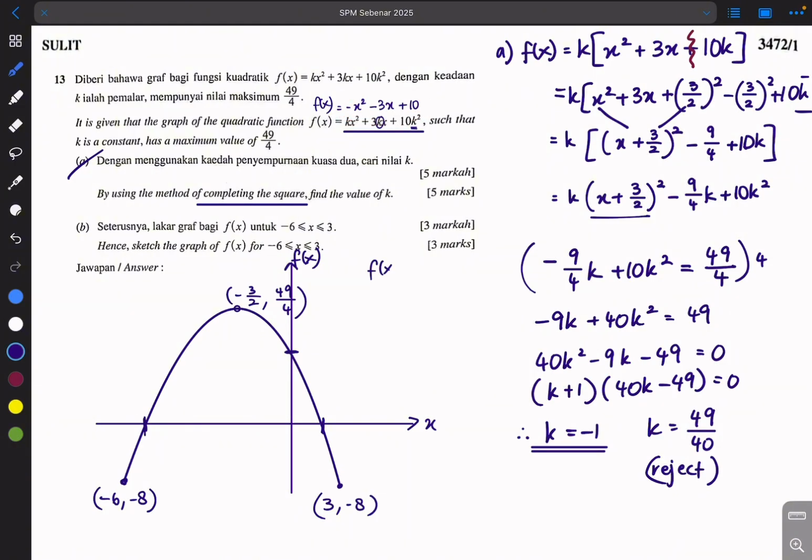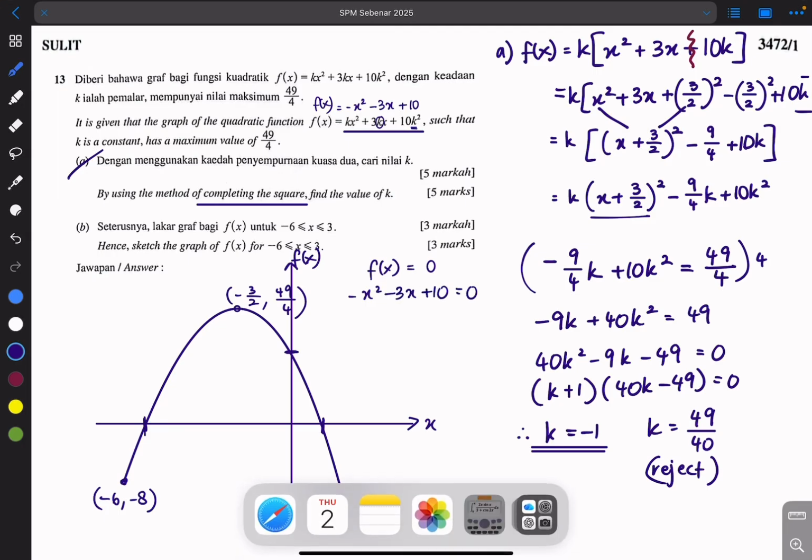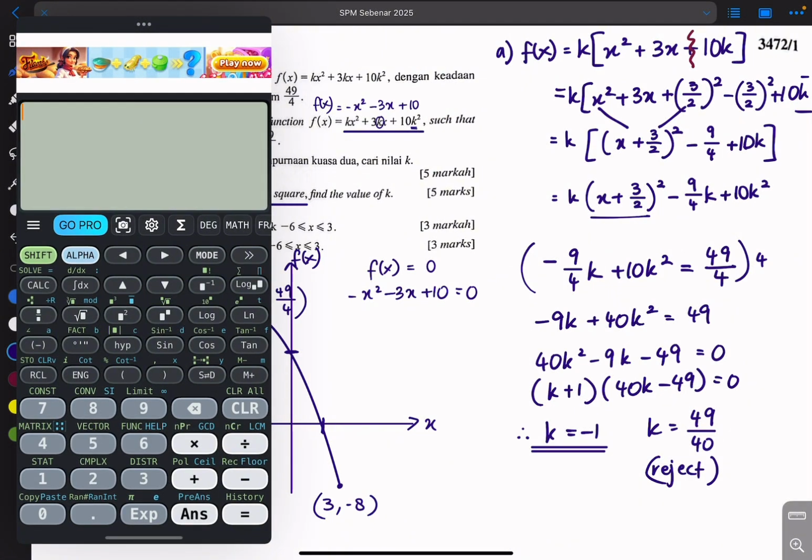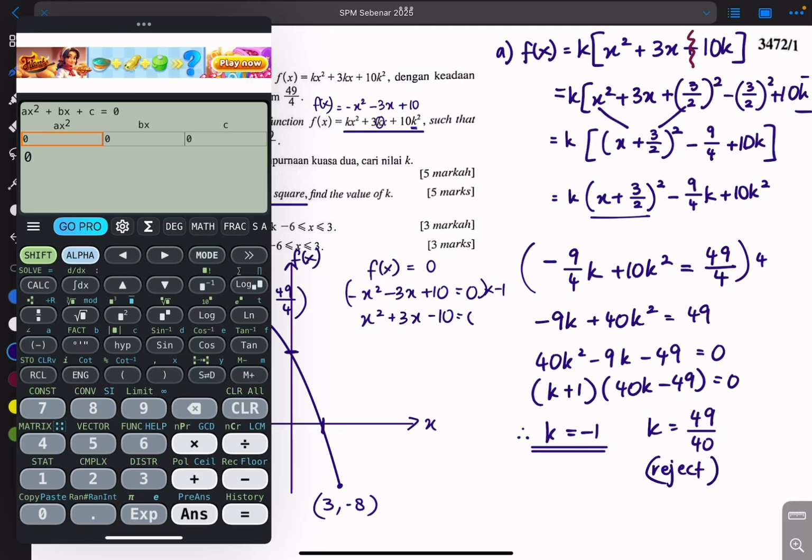So we can say f(x) equals 0. So negative x squared minus 3x plus 10 must equal 0. So if you factorize this, first we need to multiply the whole equation by negative 1, because for factorization you must make sure a is positive.